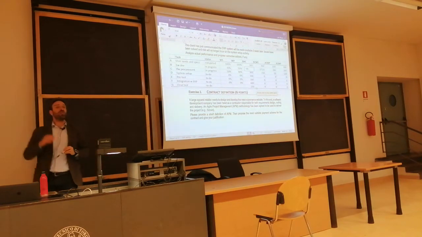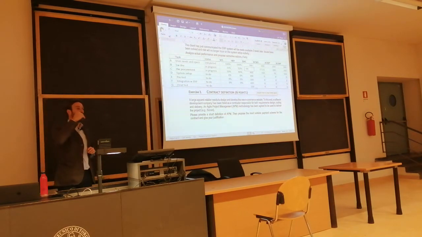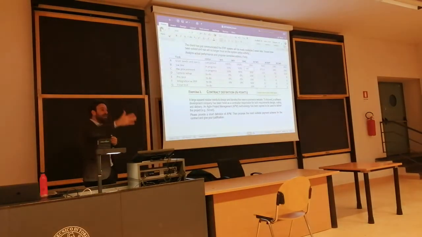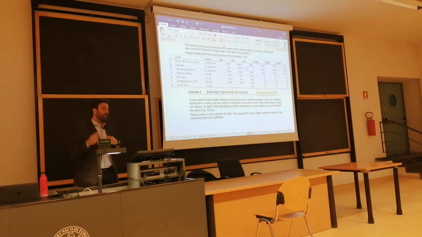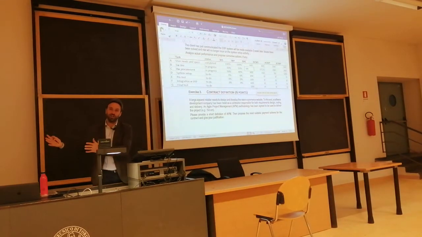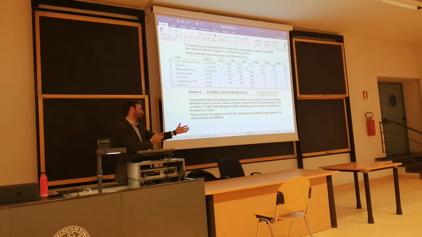When it comes to activities that have the same nature, such as design activities in the past and design activities in the future, past performance is a good indicator of future performance, because designers are the people that were involved in the past and will be projecting their same productivity in the future.